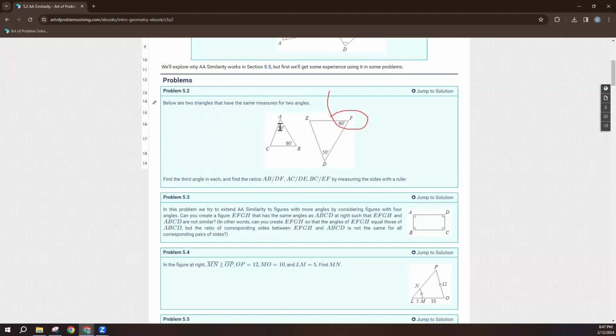If we take 50 and 60 and add them together, we get 110.